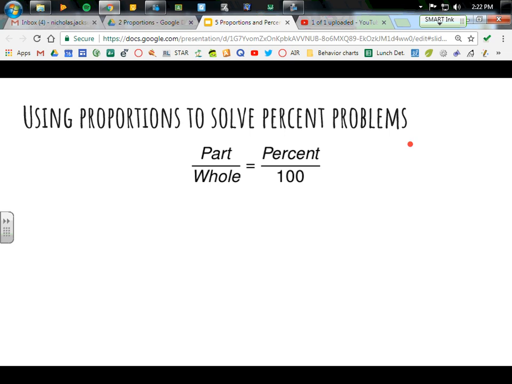Let's say you're having a pizza with your family, and there are 16 slices that make up that pizza, and you have 3 slices. So the whole is 16, the part of that pizza that you had was 3. So that ratio would be 3 over 16. And then you could use this proportion to figure out what percent of the pizza you just ate, by cross multiplying and dividing.